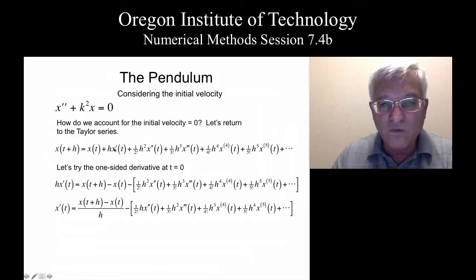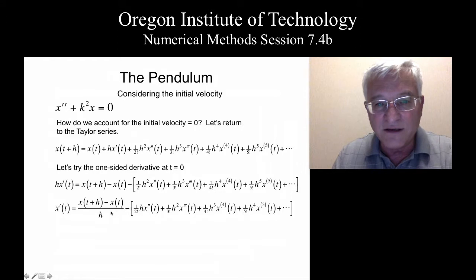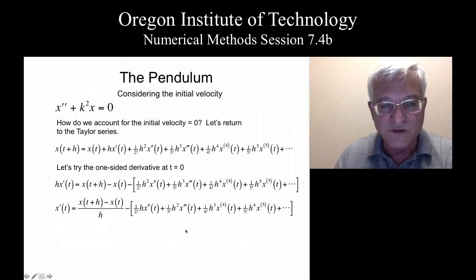And we'll get rid of one of the h's on every other term, which frees up x prime by itself. So we rearrange everything. We get a computational formula for x prime of t that looks like a first derivative that you had in calculus, but we have an error term associated with that. Well, what does that mean to our particular problem?